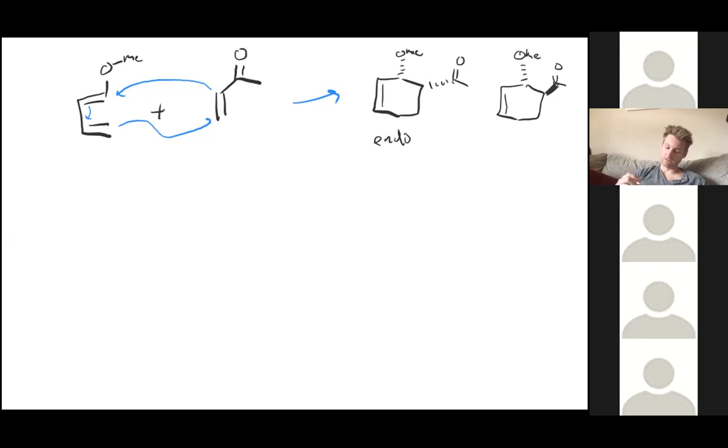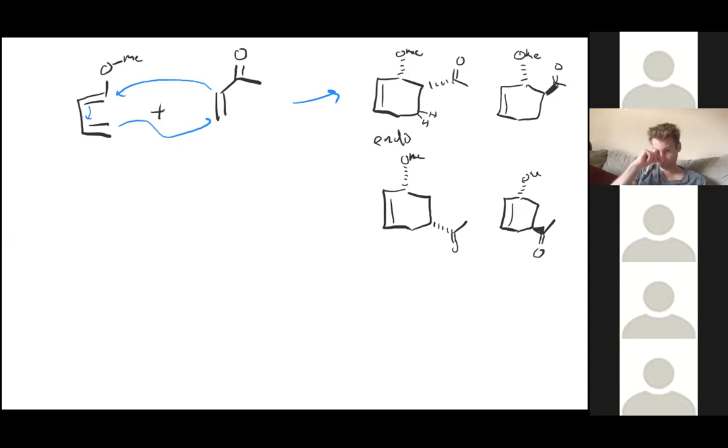Similarly, we could flip over our carbonyl. So there's technically an H here, getting it on the bottom. And then same thing with the endo product, or sorry, exo product, like so.